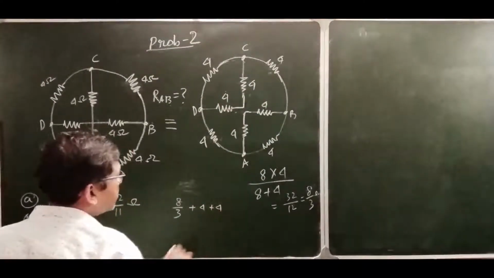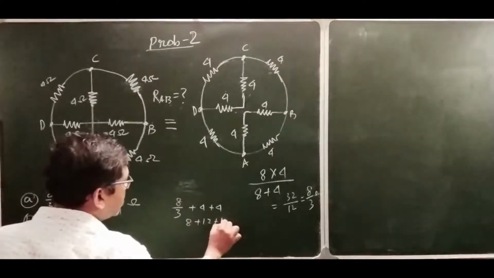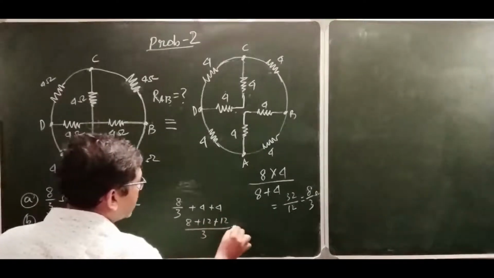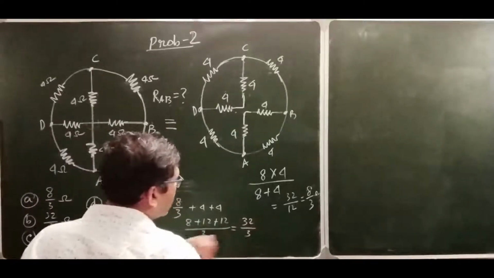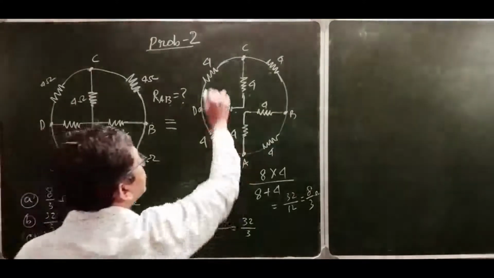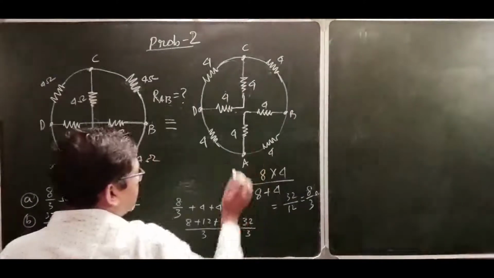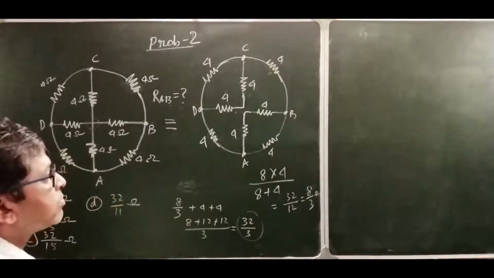That means 8 plus 12 plus 12 upon 3. That means 32 upon 3 ohm. That means from here to here the total equivalent resistance will be 32 by 3.